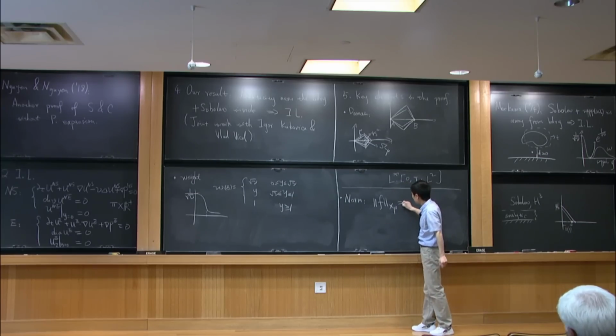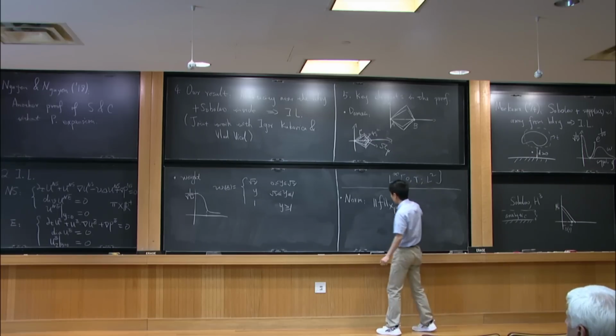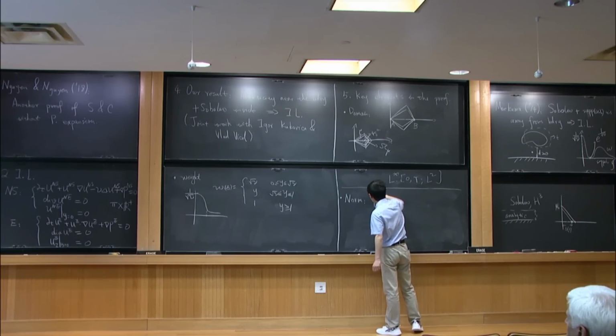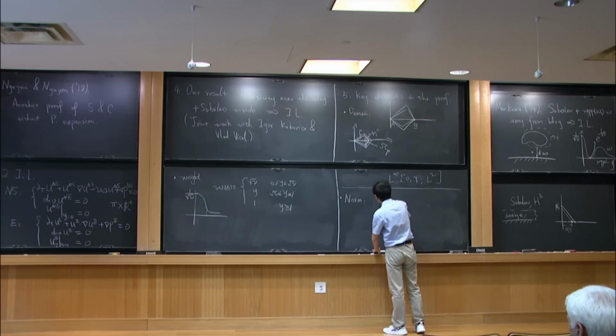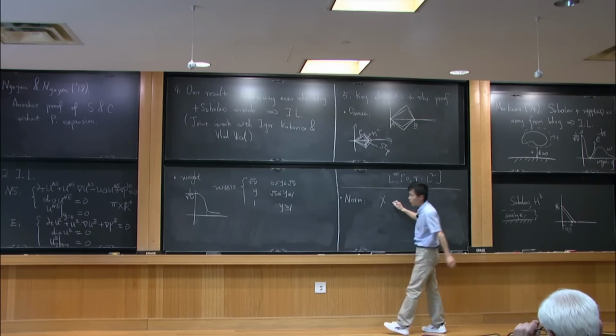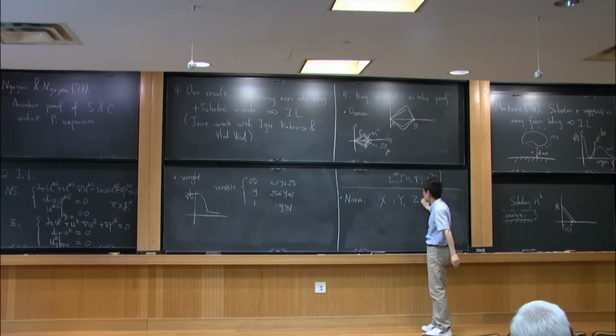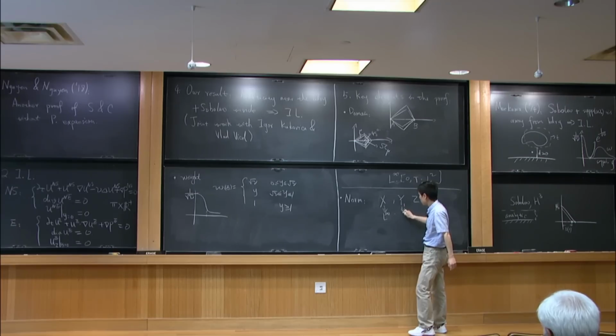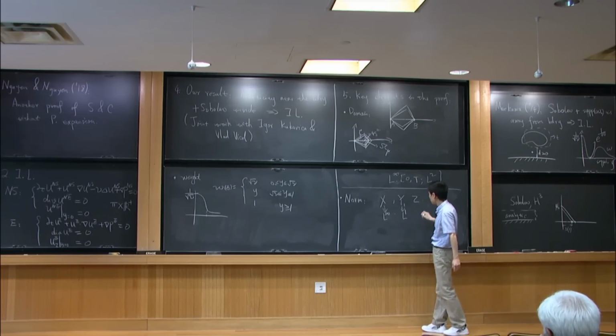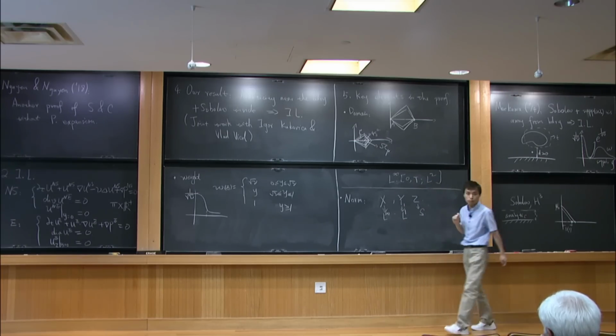We actually have three kinds of norm: x norm, y norm, and z norm. X norm is L infinity based, Y is L1 based, and Z is a Sobolev norm.